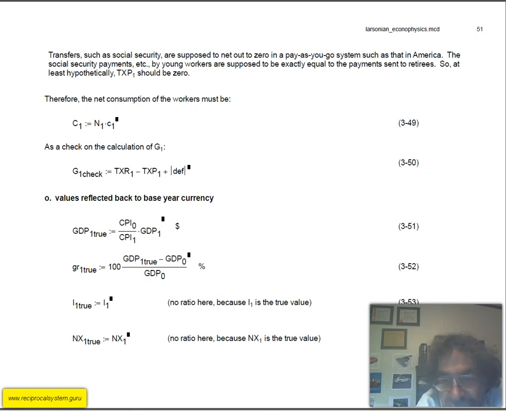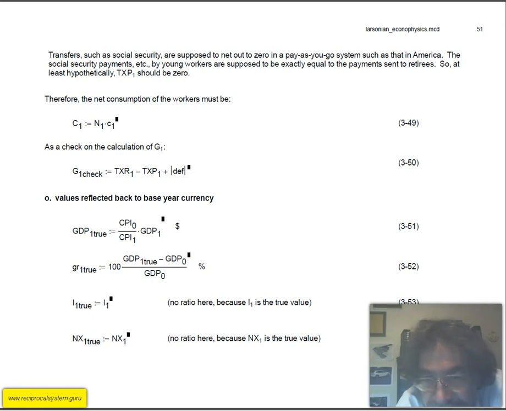Therefore, the net consumption of the workers must be capital. So here we're using a capital. C sub 1 equals N sub 1 times the lowercase c sub 1, which is the consumption per worker. So as a check on the calculation of G sub 1, we have G sub 1 check equals TXR sub 1 minus TXP sub 1 plus the absolute value of the deficit.